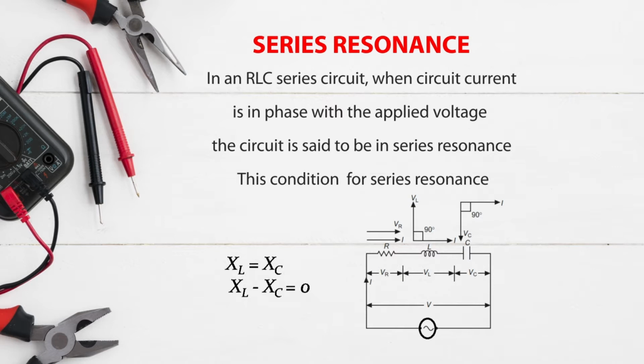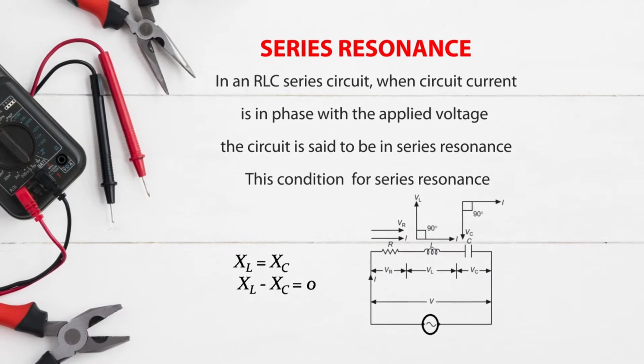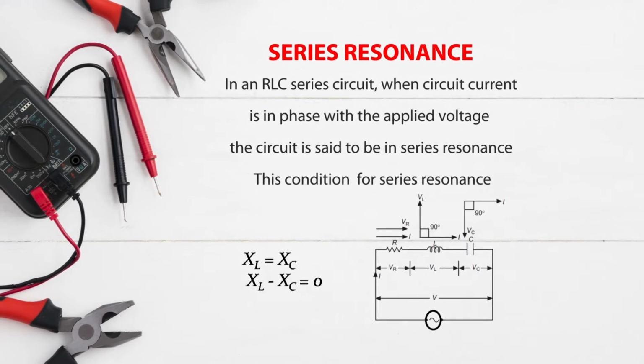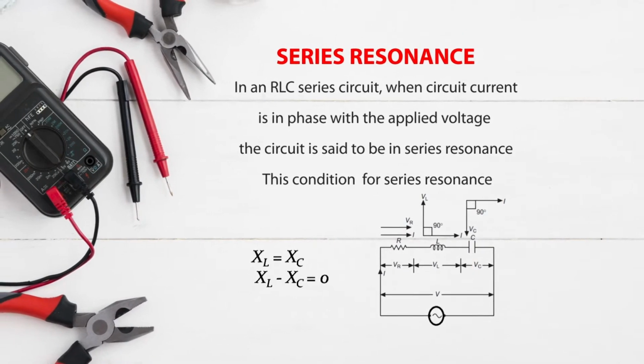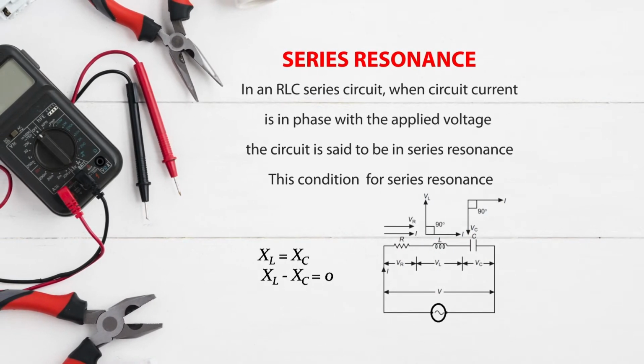Here you can also see that if there is a pure resistance, that means voltage and current will be in the same phase. If there is a pure inductor, current will lag by 90 degrees with the applied voltage. If there is a pure capacitor, then current will lead by 90 degrees with respect to voltage. So in this circuit, what is happening?